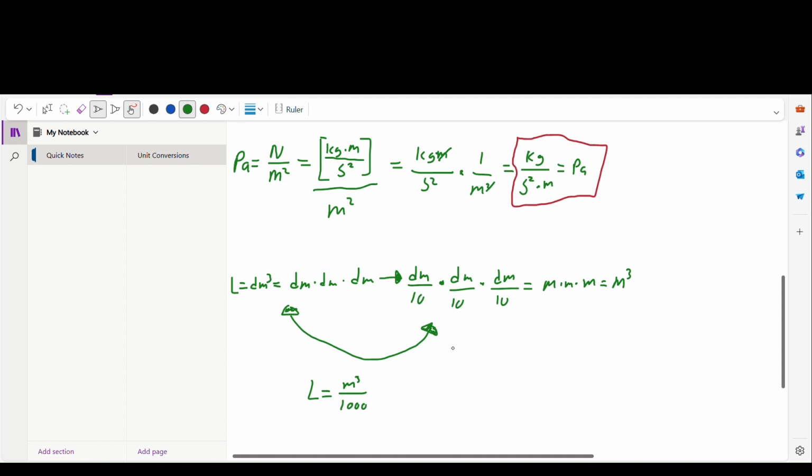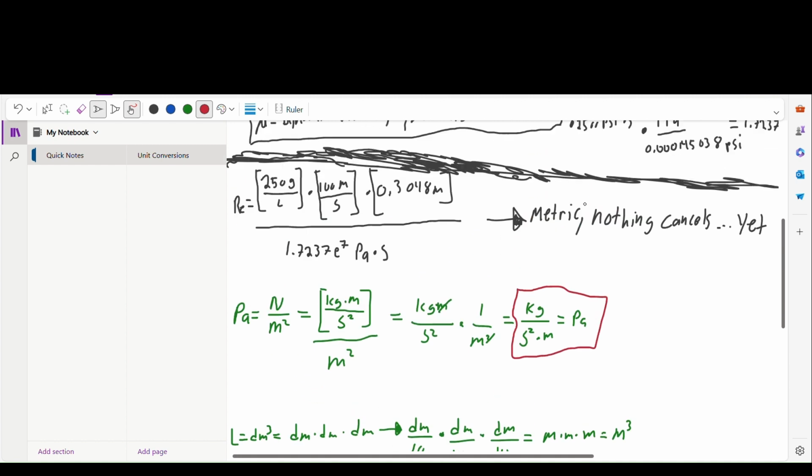That's what you got. So, yet another fundamental identity that you're going to use to get this to be unitless. Liters is a meter cubed divided by 1,000. A Pascal is a kilogram per second squared times a meter.